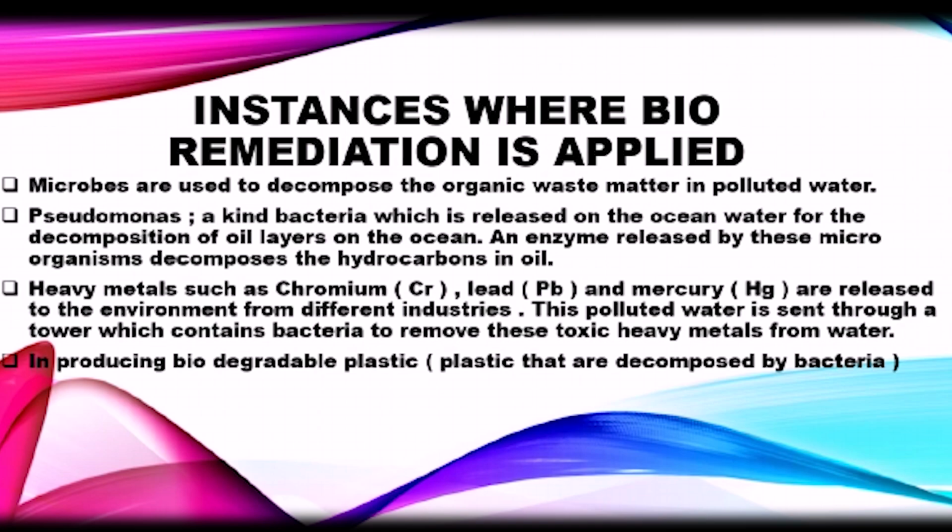Pseudomonas, a kind of bacteria, is released on the ocean water for the decomposition of the oil layer on the ocean. An enzyme released by these microorganisms decomposes the hydrocarbon in oil. Heavy metals such as chromium, lead, and mercury are released to the environment from different industries.